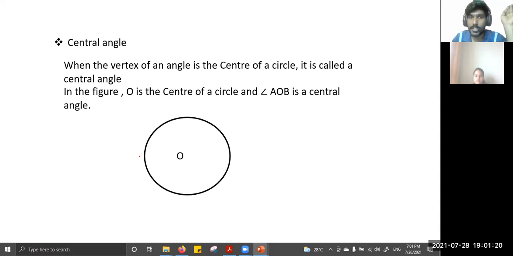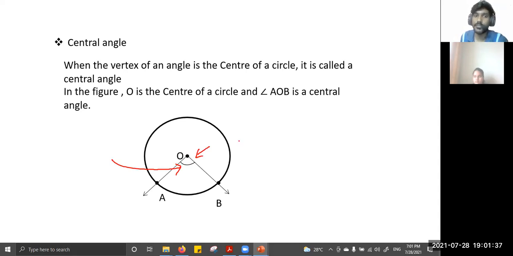For example, in this figure, O is the center of the circle, and this angle at O is formed at the center of the circle. So that is why angle AOB is called the central angle. Is this clear? Angle formed at the center of the circle is called central angle. Simple definition. Clear? Okay. We can move.